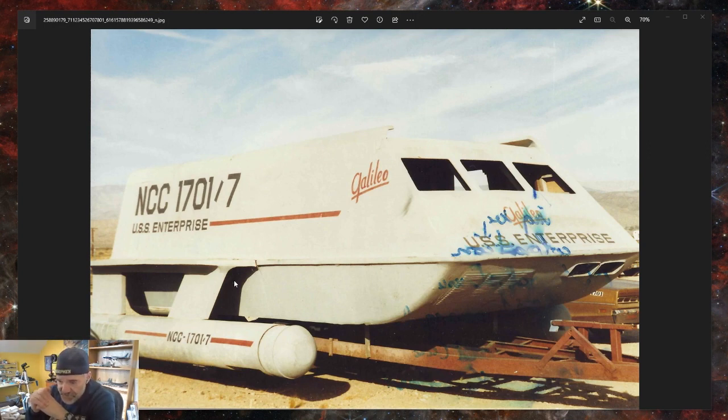But a new group of people have purchased it and have restored it to its original state, and it's no longer going to be available to be climbed on and poked at and all that kind of stuff, but it's going to be, if it's not already, on display in Ticonderoga, New York, at their Star Trek exhibit there.